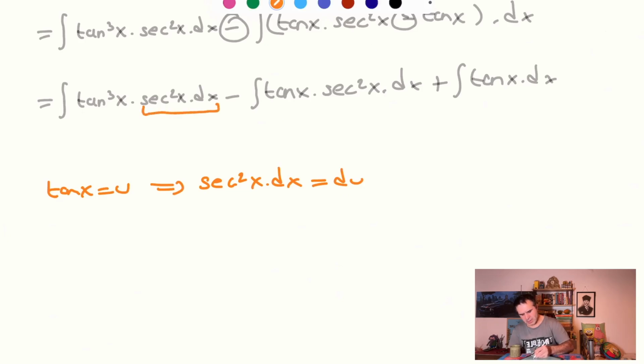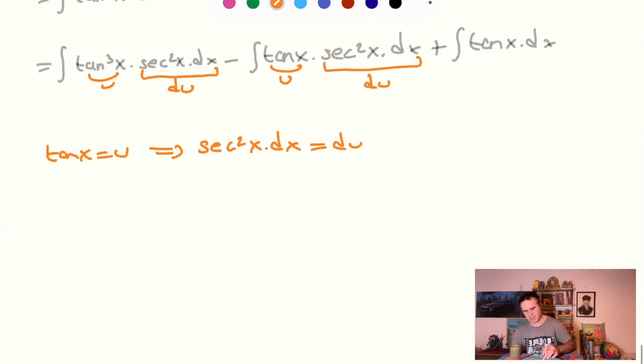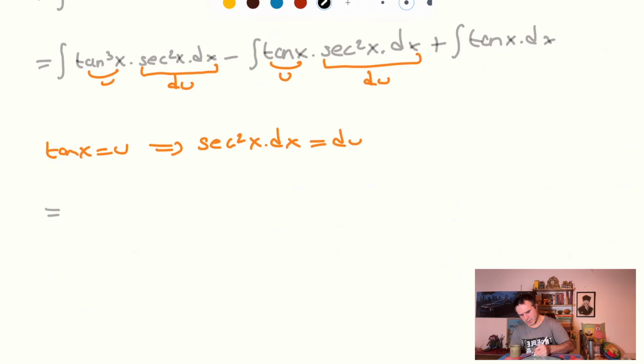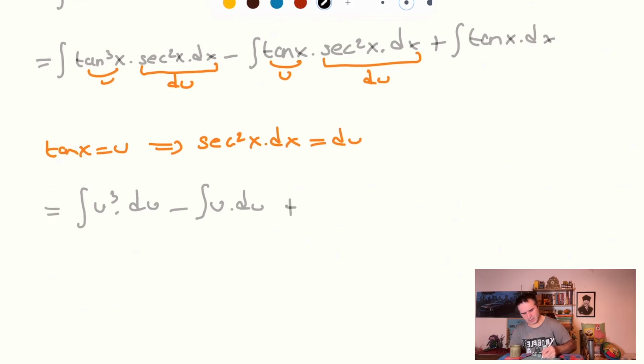Secant square of x dx is du, and tangent x is u. Then those integrals become the integral of u cube times du minus the integral of u times du plus the integral of tangent x dx.